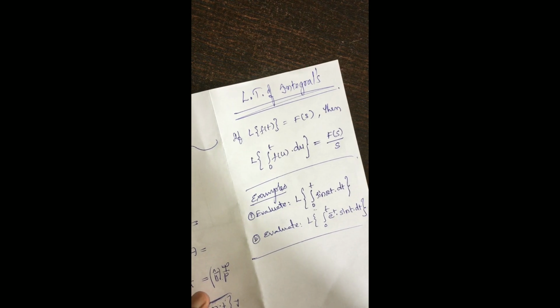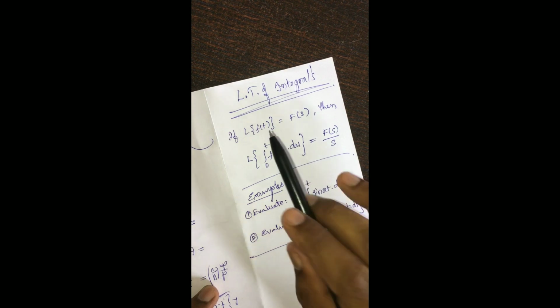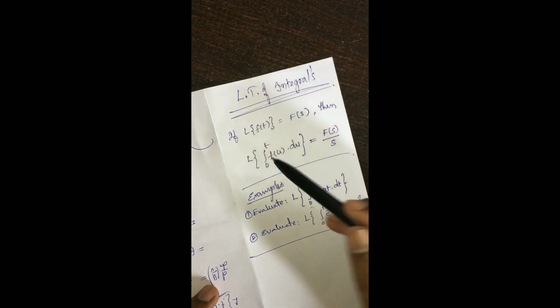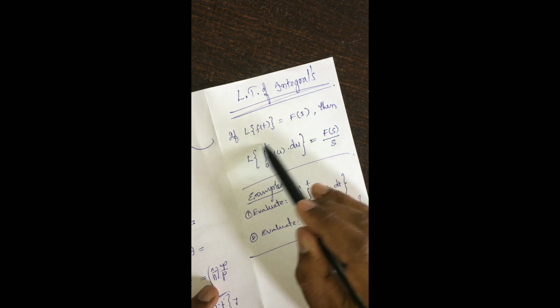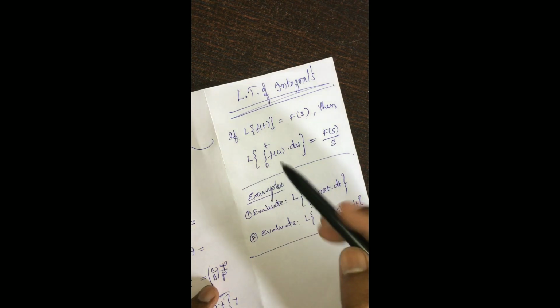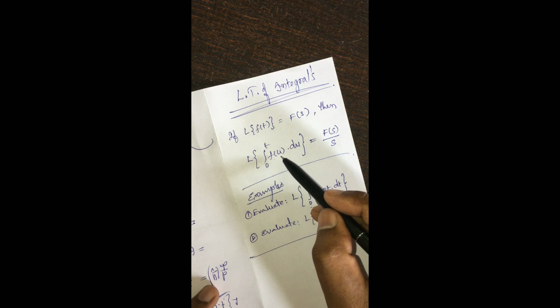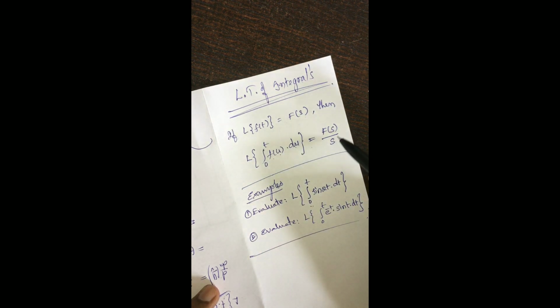Coming to the Laplace transform of integrals. Previously we saw the Laplace transform of derivatives, similarly the Laplace transform of integrals. If the Laplace transform of f of t is F of s, this is the basic definition, then the Laplace transform of the integral from 0 to t of f of u du becomes F of s by s.